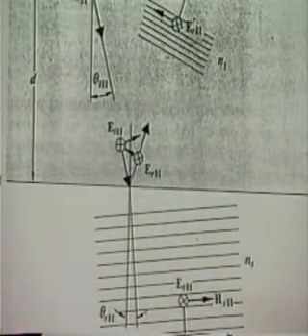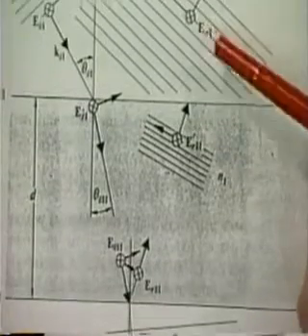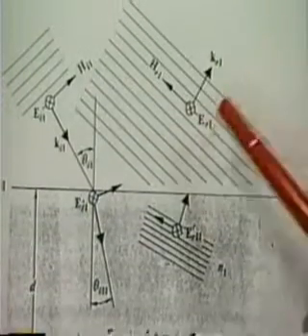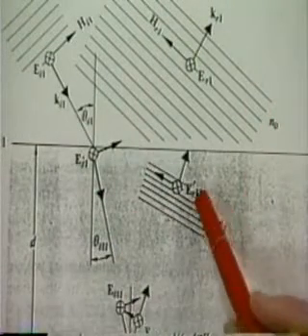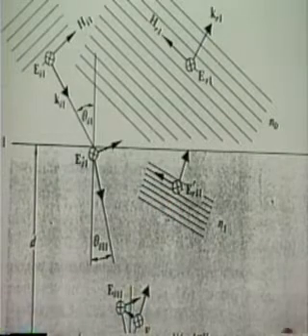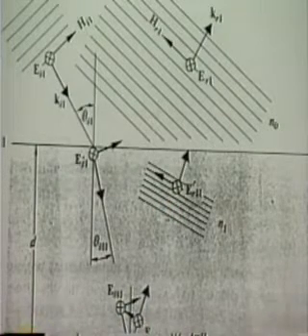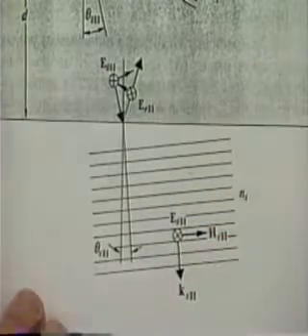Now, the other thing I should say is that when I say E sub R1, that's going to be all the electric fields going in this direction. E prime sub R2 is all the electric fields going in this direction. Okay? And E sub T2 is all the electric fields coming through here.